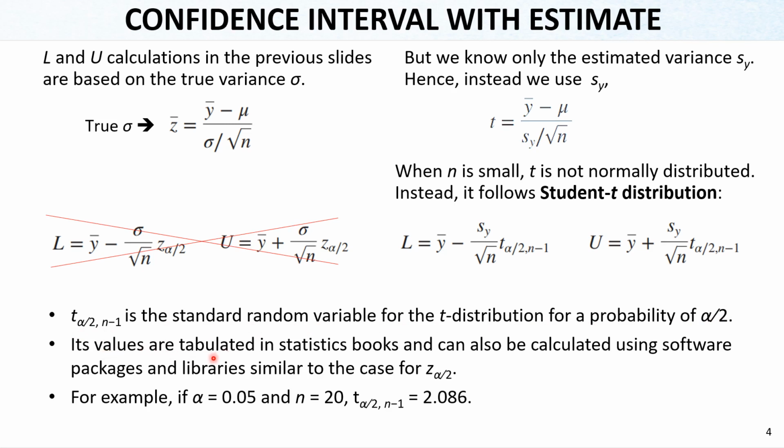Its values are also tabulated in statistical books for different number of samples, and n-1 is important here, and also can be calculated using software packages such as MATLAB or Excel and libraries, similar to the case for Z alpha divided by 2. For example, if alpha is 0.05, and the number of samples is 20, then T is here 0.05 divided by 2, and this is 19. When we check the table for this, it's 2.086, basically.